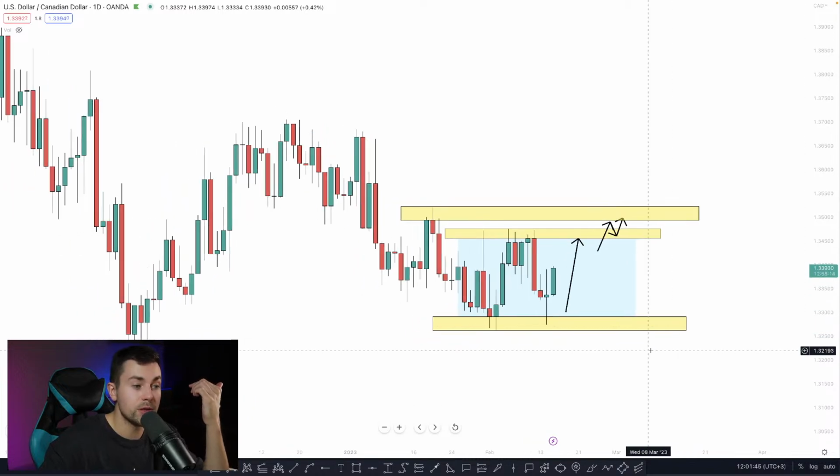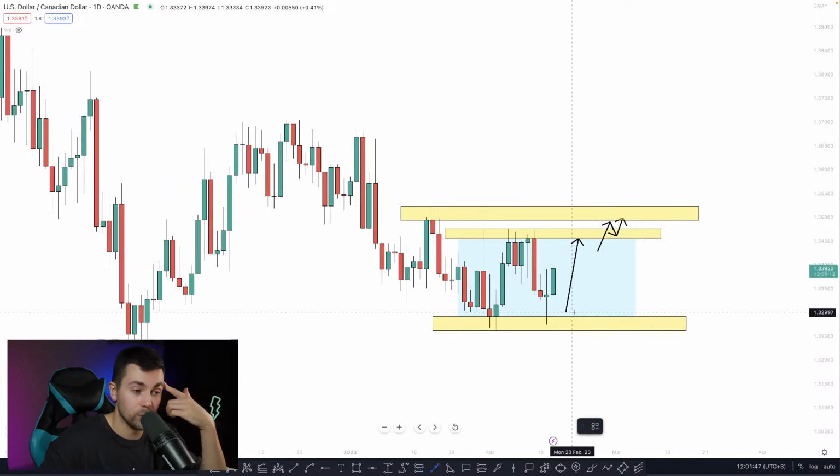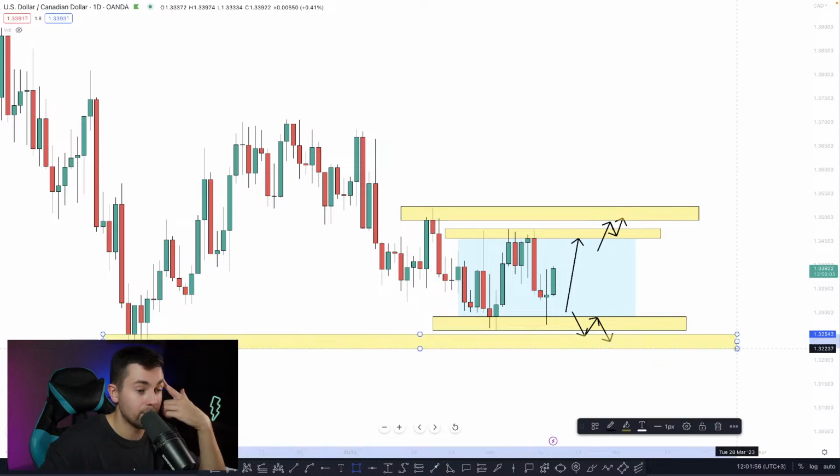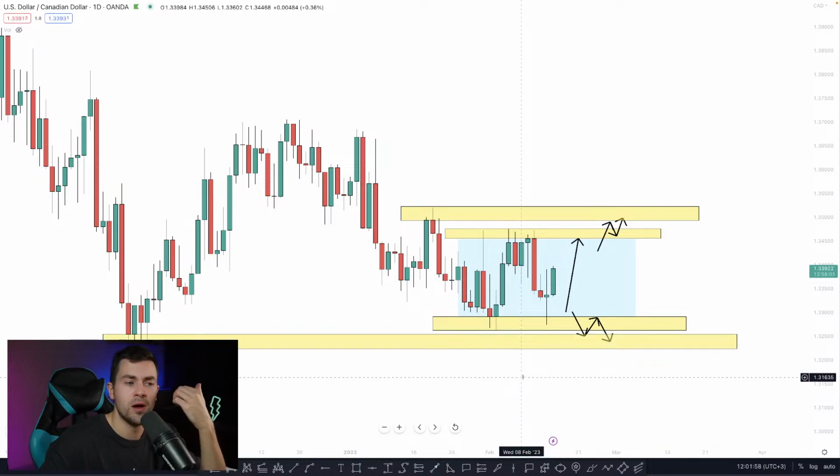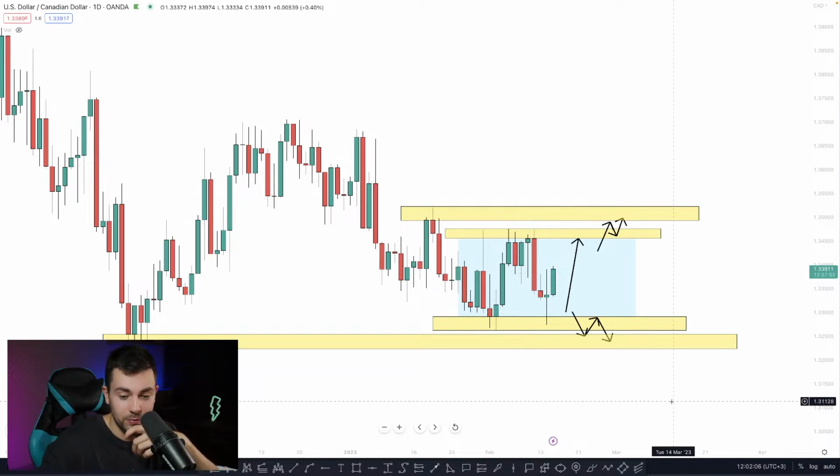And same thing with the breakout of the support of the range. If we sell the support of the range to the downside, again, here we have also a very strong support. So I wouldn't suggest trading the breakouts of that range. I hope it is clear, traders.